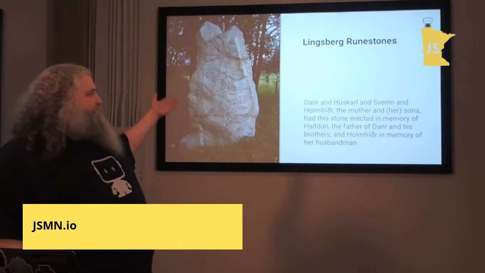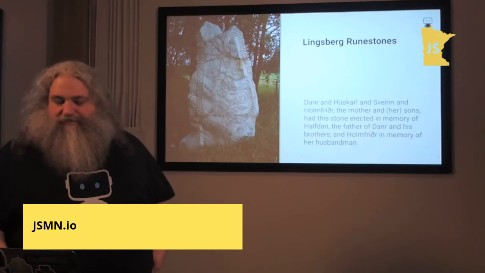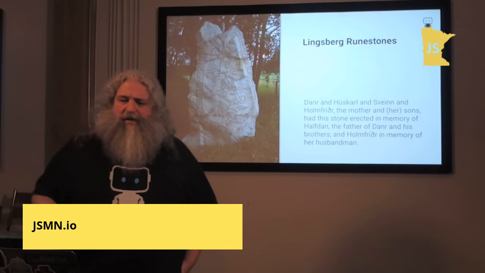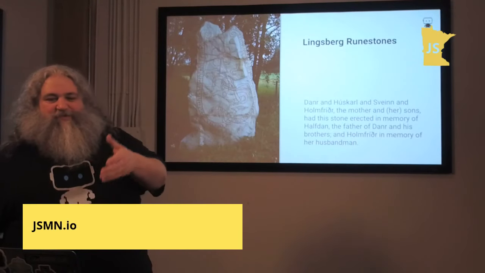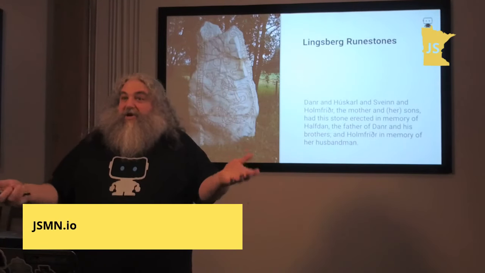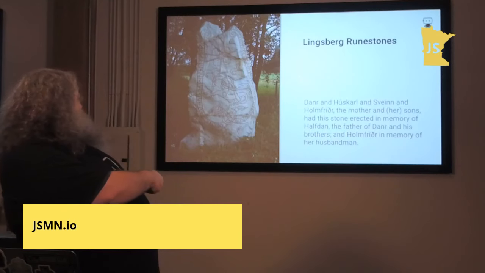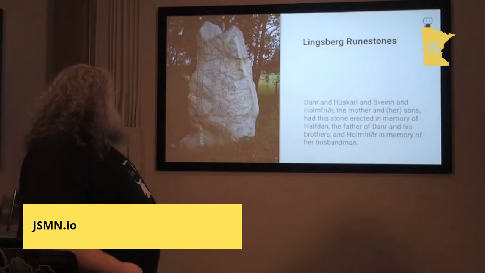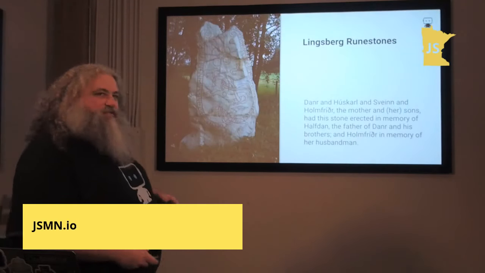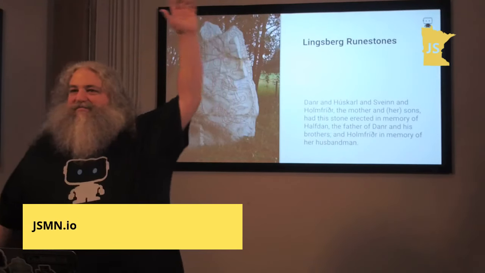And they've got these runes, these Rune Stones. This one's a Rune Stone outside of Stockholm. It's called a Rune Stone because it's a stone, and it's got runes on it. And runes are the writing on there, the alphabet that the Vikings used. How many of you have played Dungeons and Dragons?